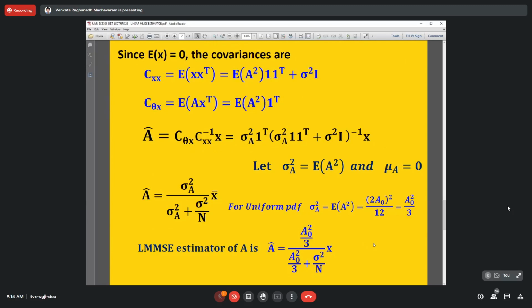So it will be n by sigma square times x bar, and both will give n A by sigma square, so sigma square by n gets cancelled, and you get A on the right hand side.